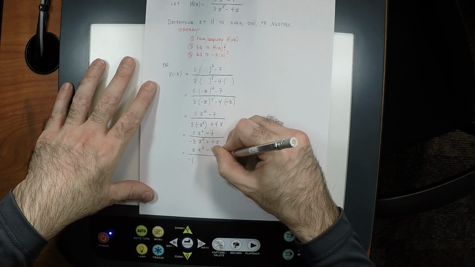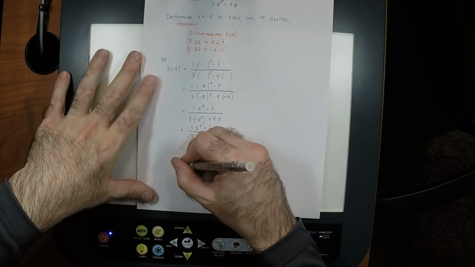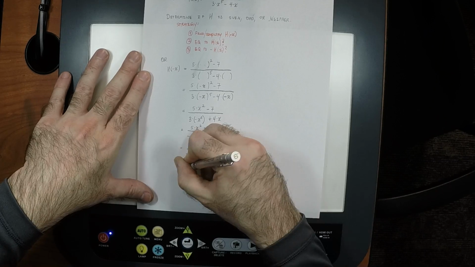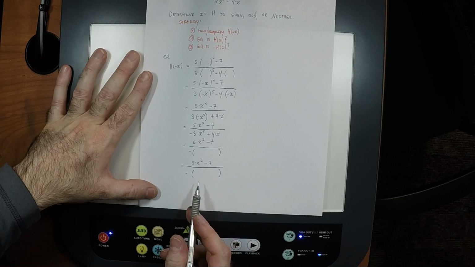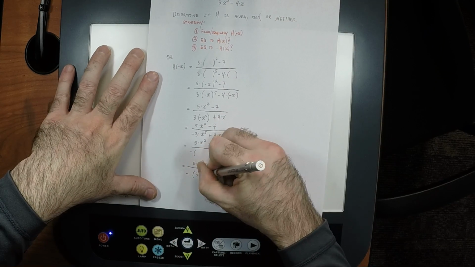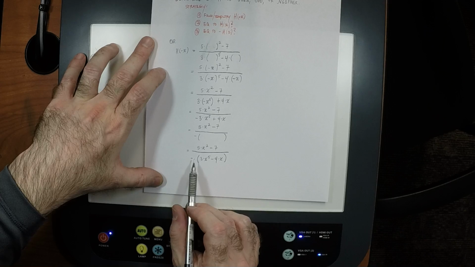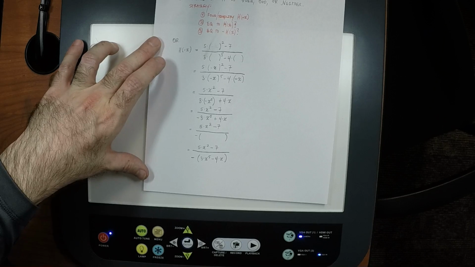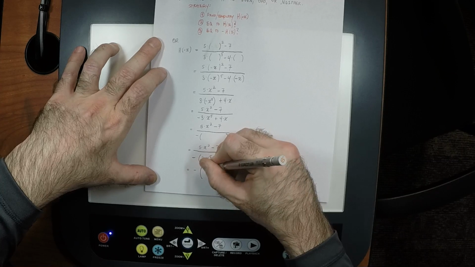If in the denominator I factor out a negative, what do I need to write in there? 3x to the 5 minus 4x. And that negative can be factored all the way out to the front, because remember that negation is multiplication by negative 1, and division by negative 1 is the same as multiplication by negative 1. So in fact, we could say that this is negative, and then this.